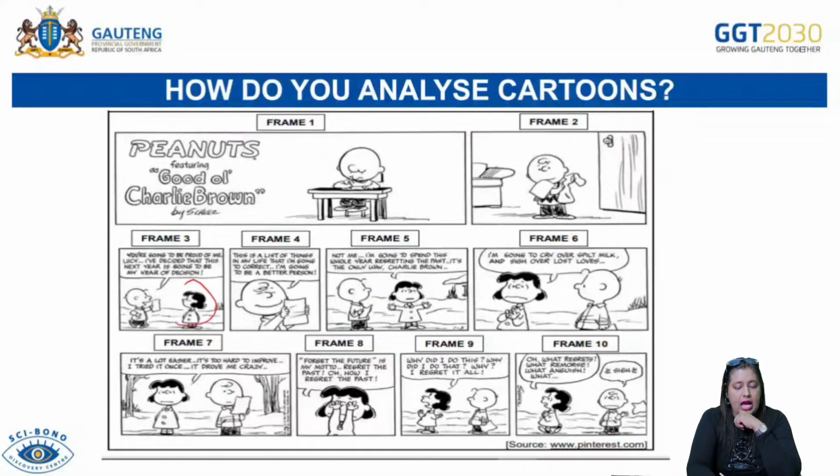I've decided that this next year is going to be my year of decision! Exclamation mark, meaning he's certain he's going to do this. This is the list of things in my life that I'm going to correct. I'm... three dots, ellipsis. I'm going to be a better person.